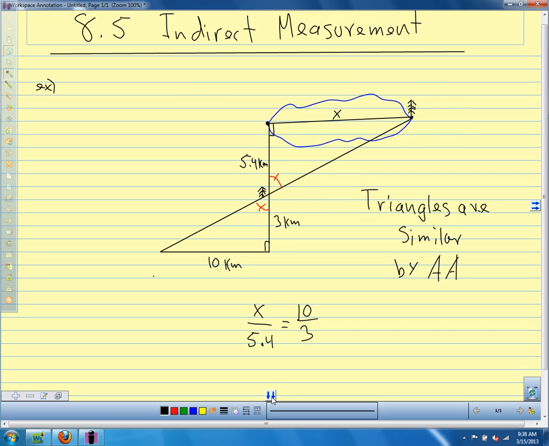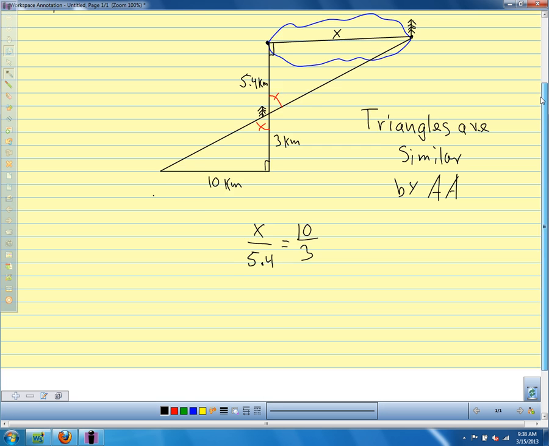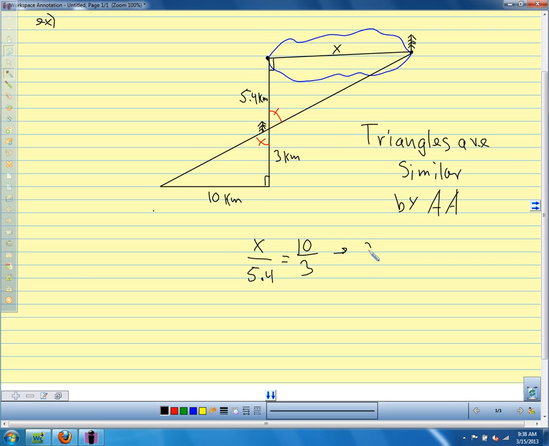And we're set. Cross multiply now, and I get 3x equals 10 times 5.4. This is easy. 3x equals 54. Divided by 3, and x equals 18 kilometers.